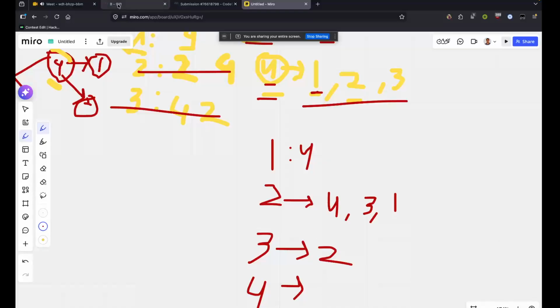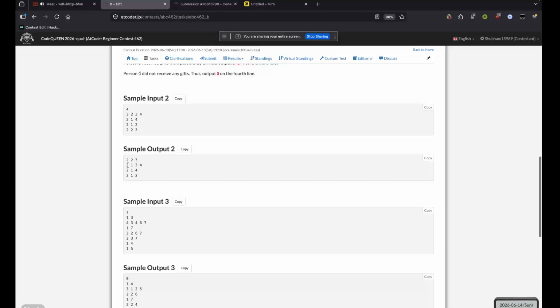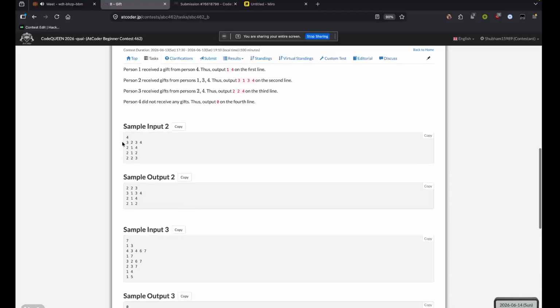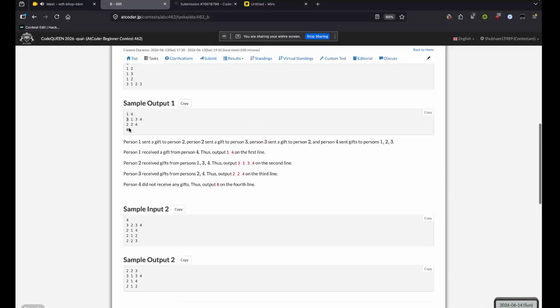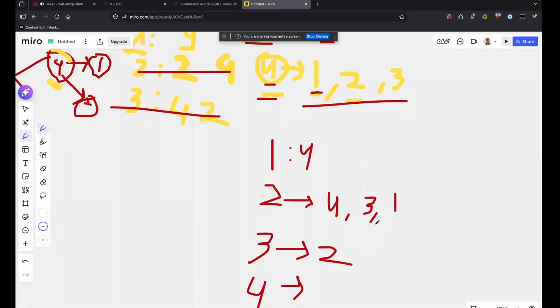And the output format also consists of the number of gifts they are receiving. So first we need to print how many gifts they are receiving. Like in this case, this is receiving 3, and in this case, this is receiving 1 gift.